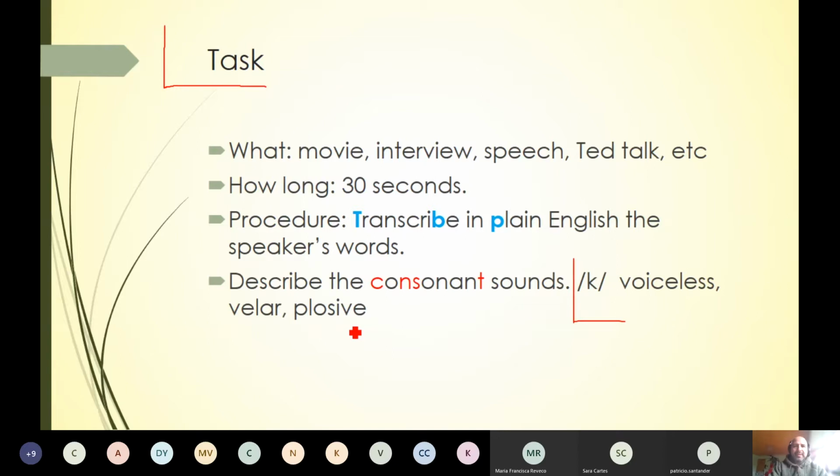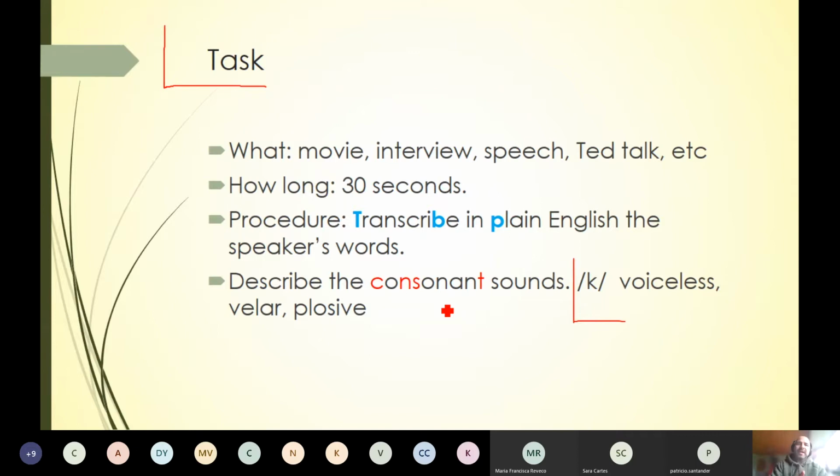So that's basically the task. Now, what happens if you find the same sound twice or three times? You just describe it the first time, and then the next time you skip it. If you find k again in another word, for example, the character continuously consider himself, all of them have the same initial sound k.